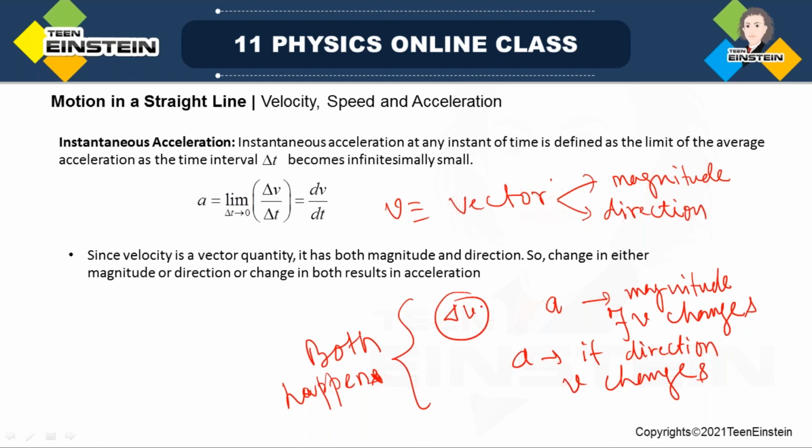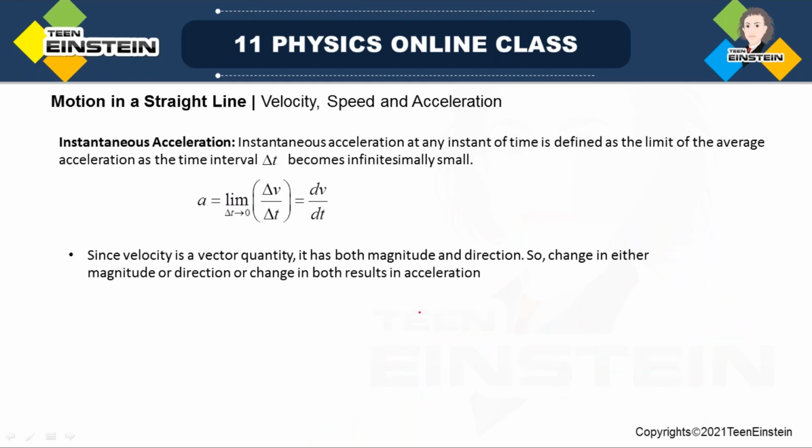there is an acceleration. I'll give you a simple example where we get acceleration just by changing direction. We know if the velocity magnitude changes, suppose 12 meter per second changes to 20 meter per second, you have the change in magnitude, so you'll get acceleration in this case.